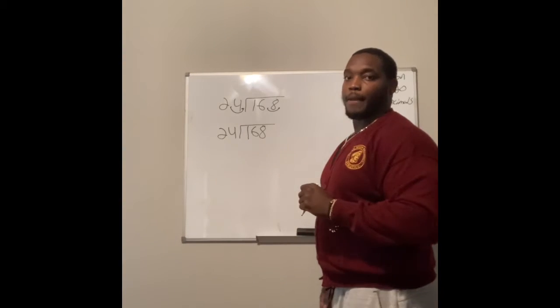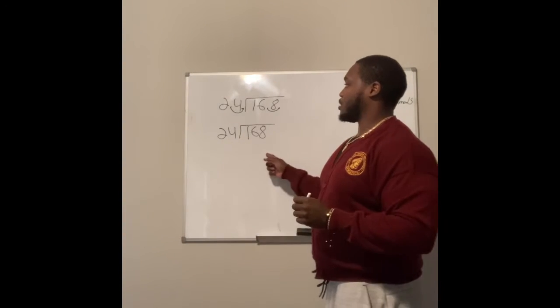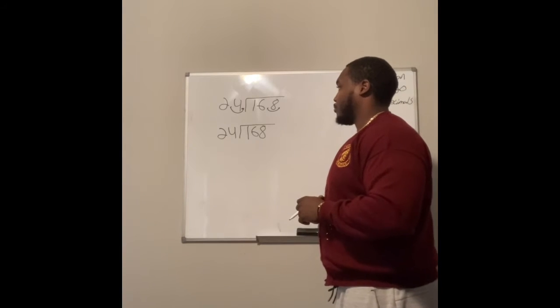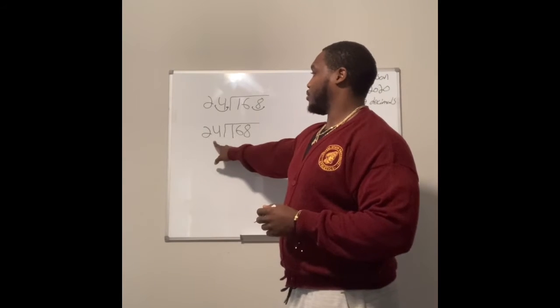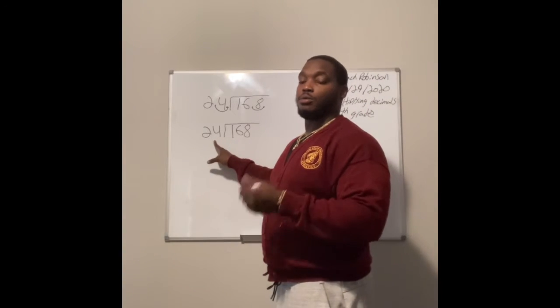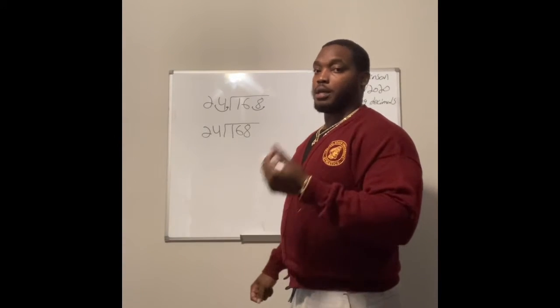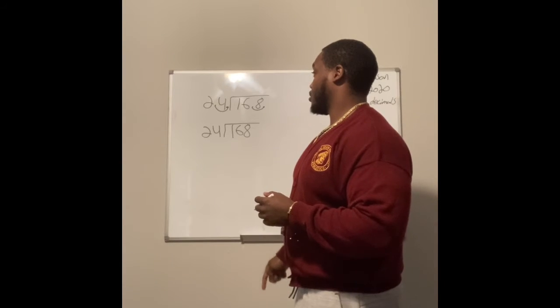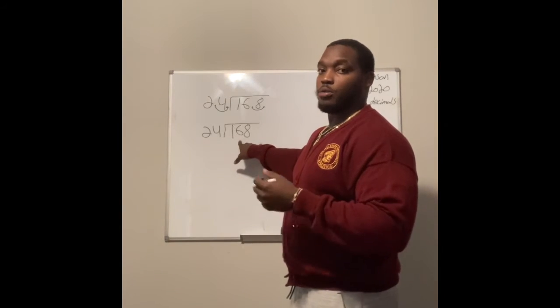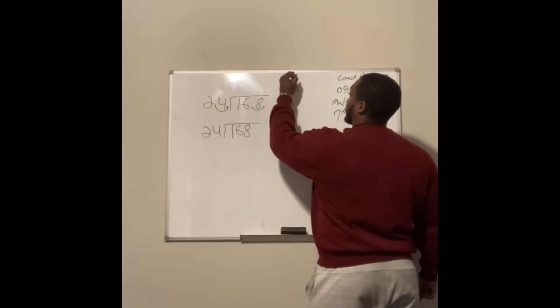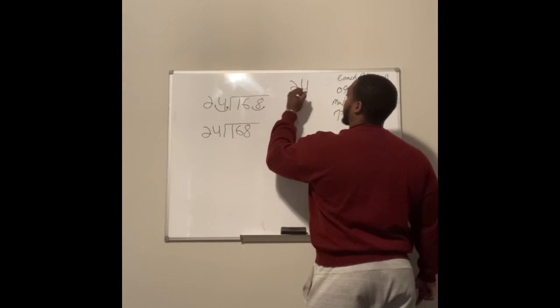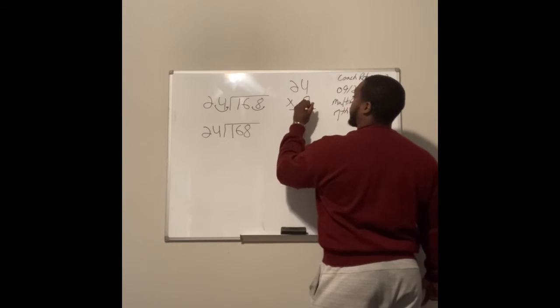So now, how many times does 24 go into 168? Let's round 24 down to the nearest 10, that would be 20. And we know 20 times 7 is 140. So that may be the closest we can get to 168 without going over. So let's multiply 24 times 7. 4 times 7 is 28.